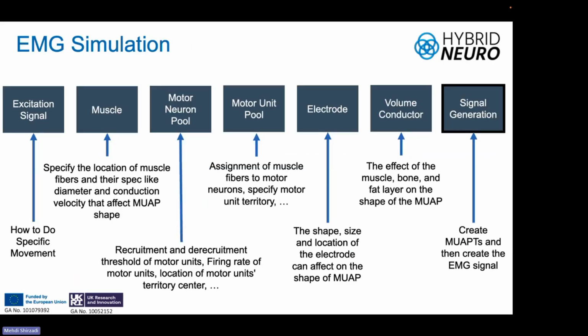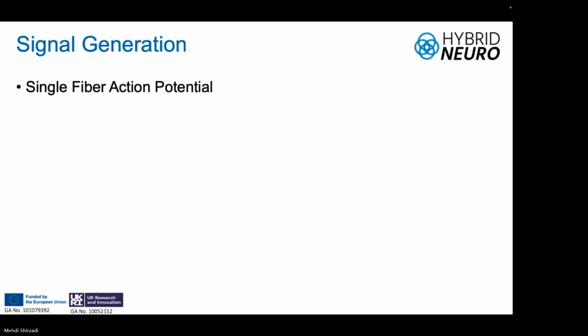And in the end, after simulating all of these steps, we need to generate our signal. For generating our signal, we first need to generate the motor unit action potential.